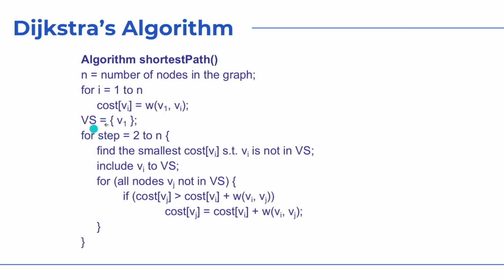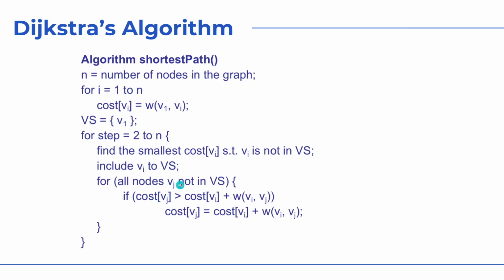Then we initially put only the start vertex in the set of visited vertices, Vs, and after that for every other vertex in the graph we try to find the smallest cost from the start vertex to itself. Another condition to be checked is that the particular vertex is not in the set Vs. If so, we add that vertex Vi for which the cost is smallest.